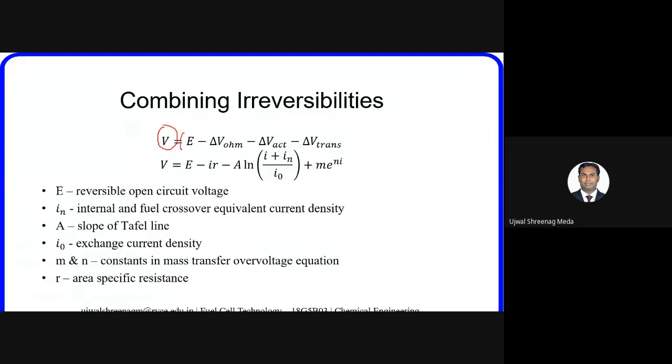So E is the no loss voltage. From that, the voltage that is lost due to the three different types of losses should be taken out so that we get the actual cell voltage. So here this represents the loss due to resistance, which is the ohmic loss delta V ohm. This part is the activation loss, and the last one is the mass transport loss.